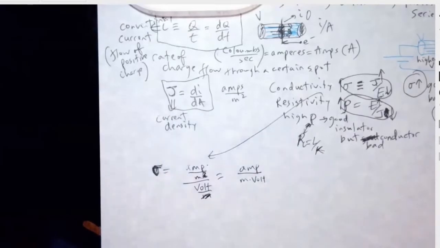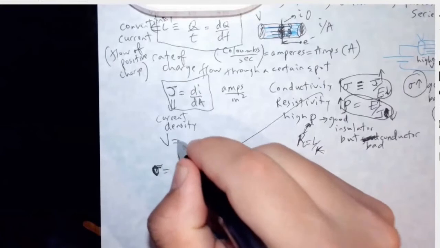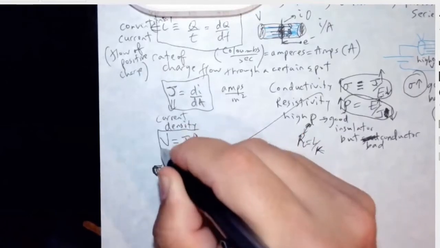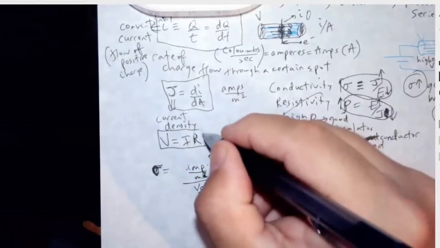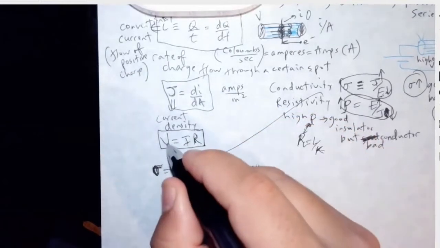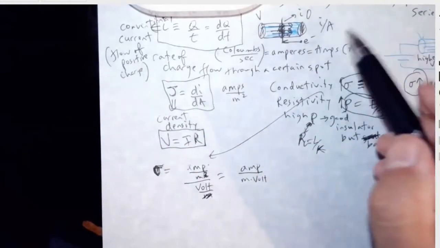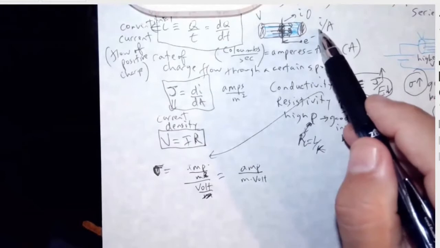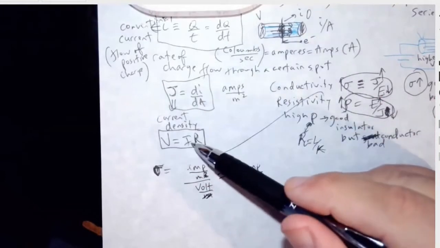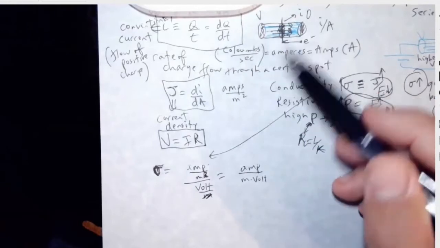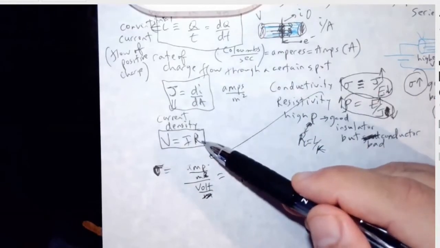Then we have one more definition, which is Ohm's law. Volt is current times resistance: V is IR. Again, when I say V, I usually mean delta V, the voltage difference across the wire. I is the current flowing through there, and R is the resistance.